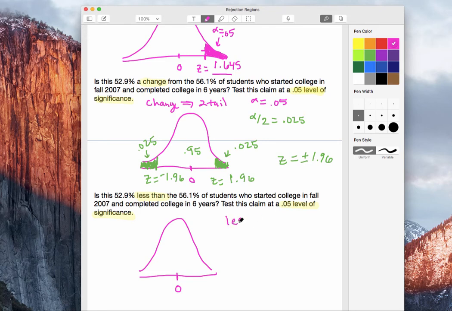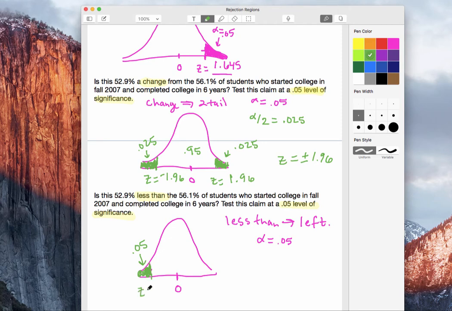That word, less than, is one of our keywords. That means we're going to have a left-tailed test. I want to see if I'm less than 56.1. So this region on the left side is my rejection region. The area that tests the claim at 0.05, that's the area of that rejection region. The most extreme 5% of sample proportions fall in this region.